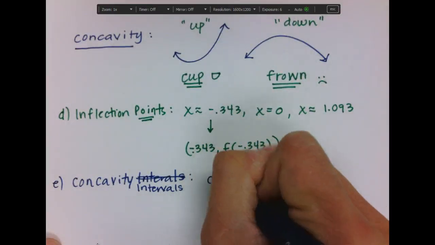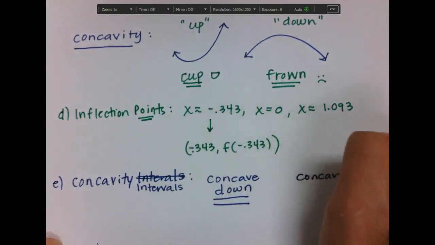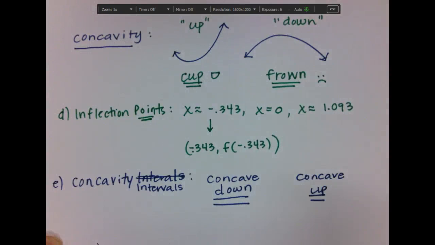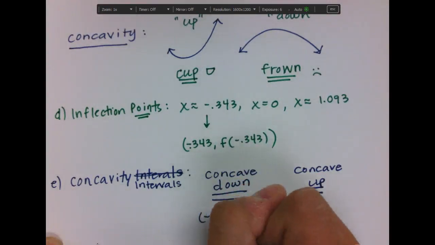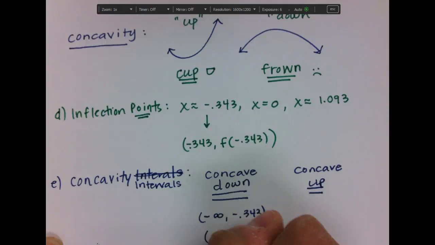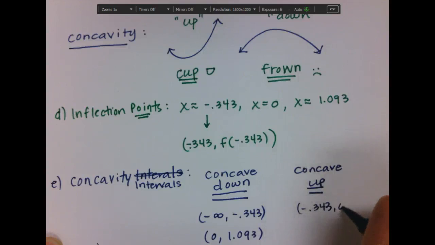Concave down intervals are, and concave up intervals are. So concave down occurred from negative infinity to negative 0.343 and 0 to 1.093. Up was between negative 0.343 and 0 and 1.093 to infinity.